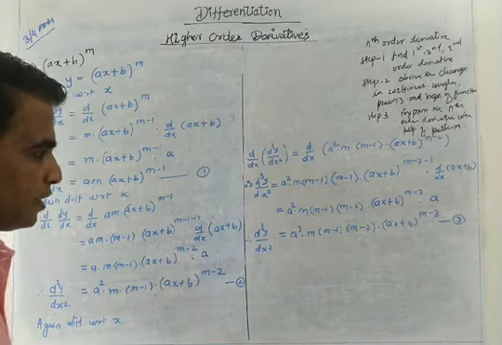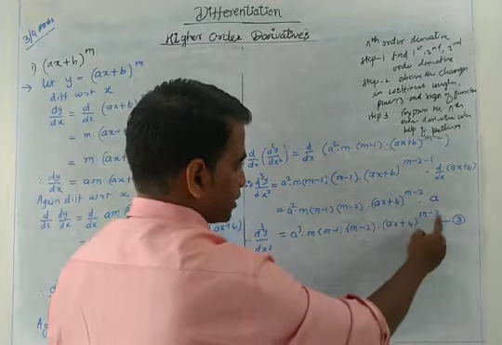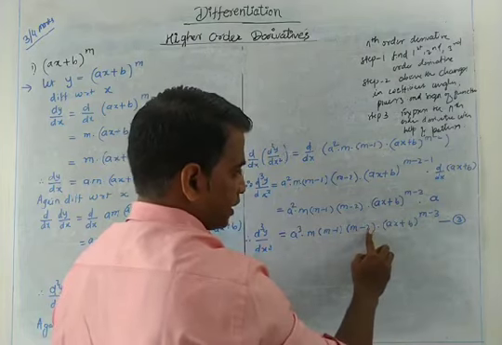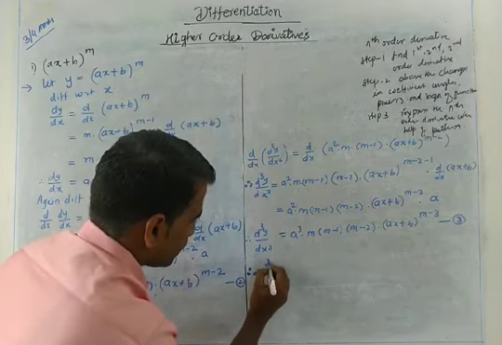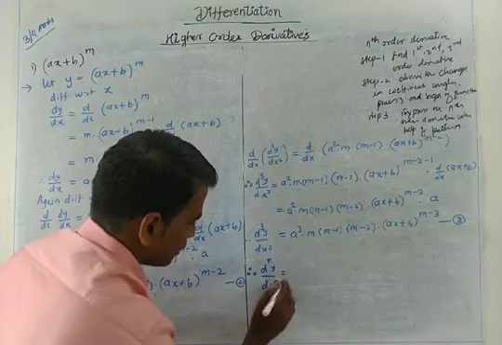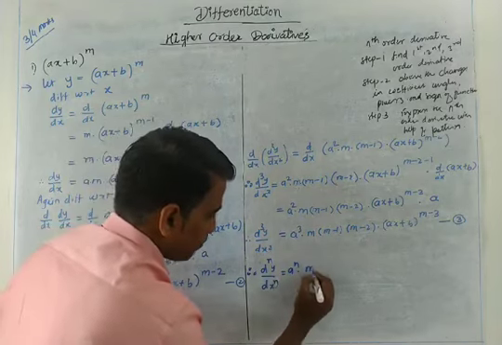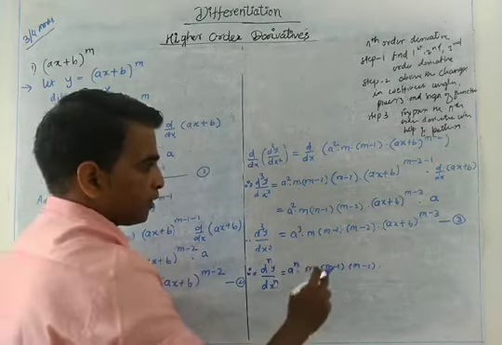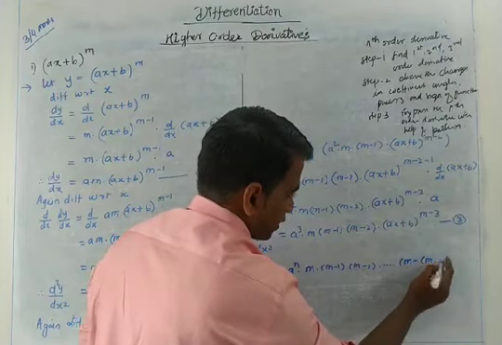See, so what is the pattern? Wherever it is 3, we are getting m minus 2, and where it is 2, it is m minus 1. So if it is n, it is n minus 1. So we are writing the pattern: d raised to n y upon dx n is equal to a raised to n into m into m minus 1 into m minus 2, up to n terms, dot dot dot, m minus what?